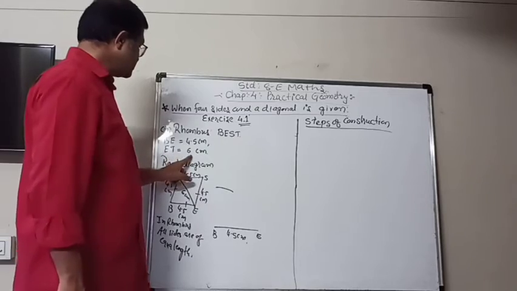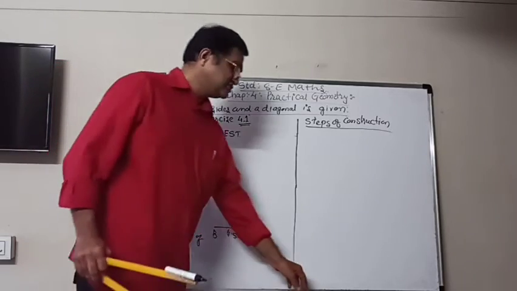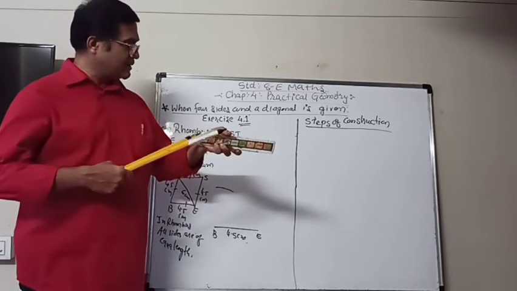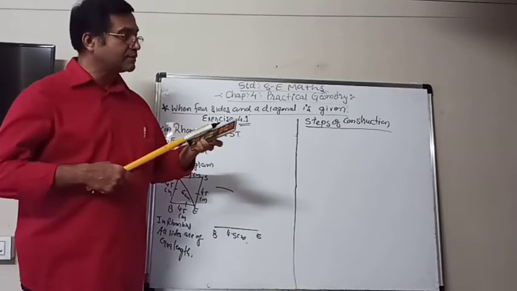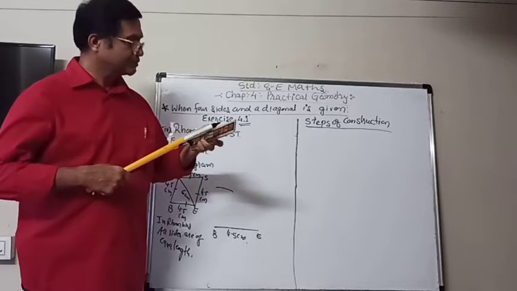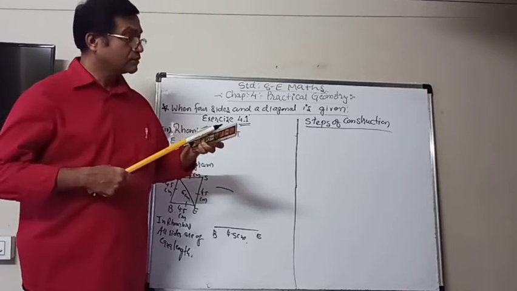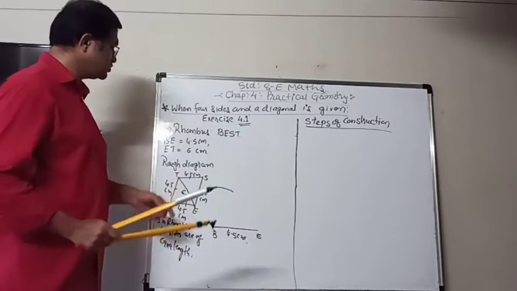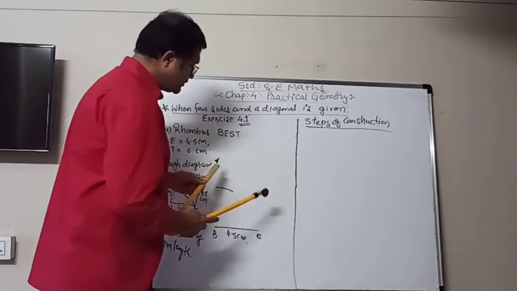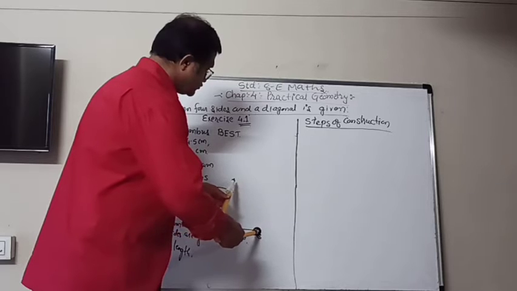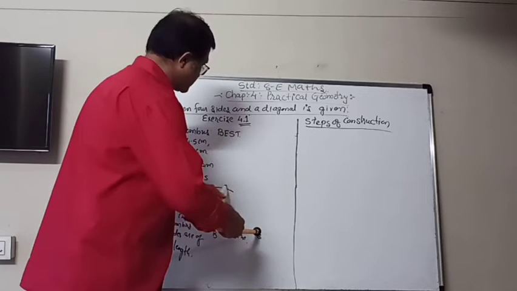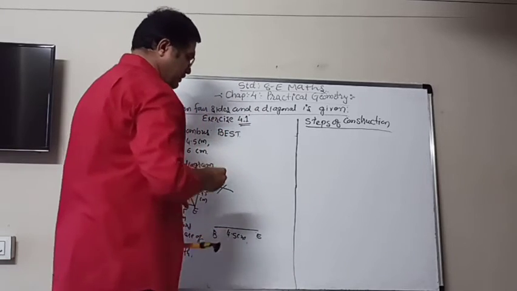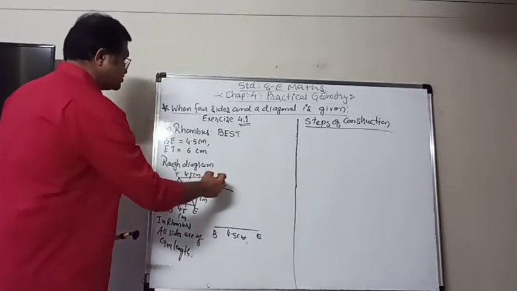Then it is 6 centimeter. 6 times 4 is 24. So I will take my measurement of 24 centimeter. And then from E to here, from E, which will intersect this previous arc, and that place I will give the name T.